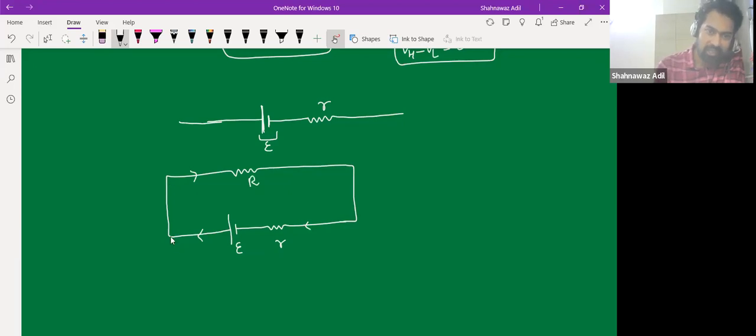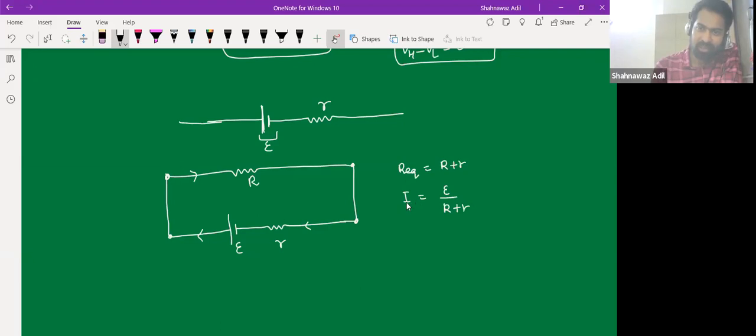So there would be some terminal voltage difference across this resistance. We know this is connected in series, so the equivalent resistance would be R plus r, and the current would be E by R plus r.